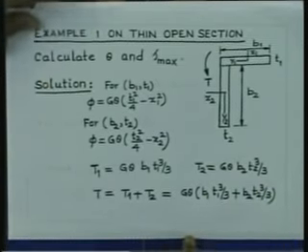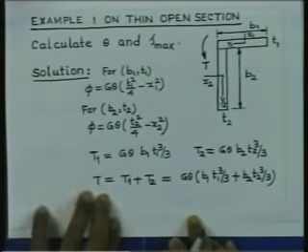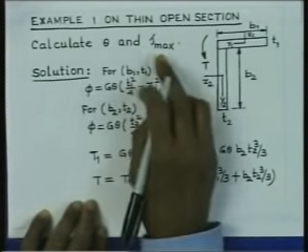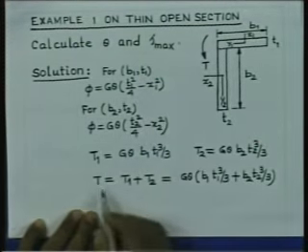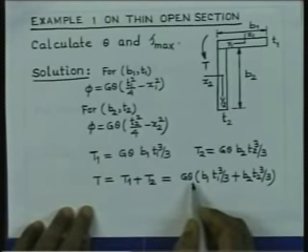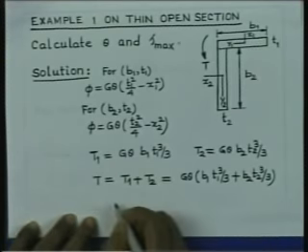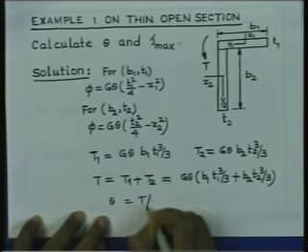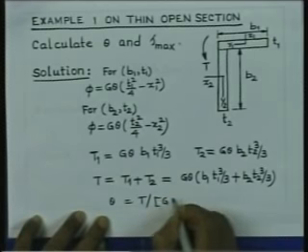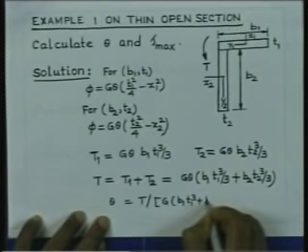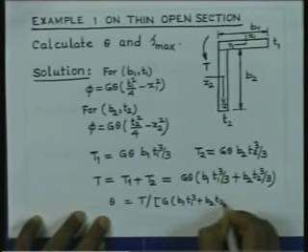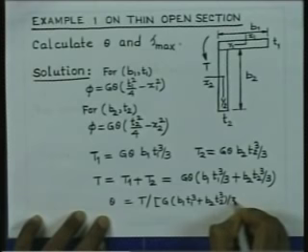So, that is the total torque. Now, in this case, what is asked for is to calculate theta and maximum shear stress for the given torque T. So, we have got the relationship here relating the angle of twist per unit length with torque, and therefore, your theta is given by T by g into B1 T1 cube plus B2 T2 cube by 3.